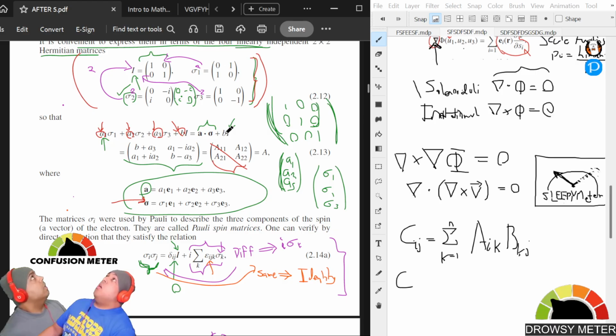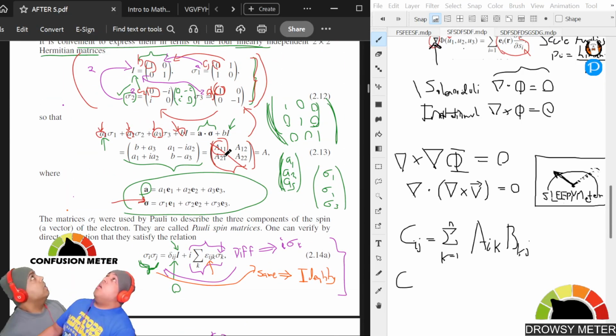I think it does, because we want to express A as a particular sum of these guys. At the end of the day, A11 is this times A3, this times A1, this times A2, and this times B, these guys added up.